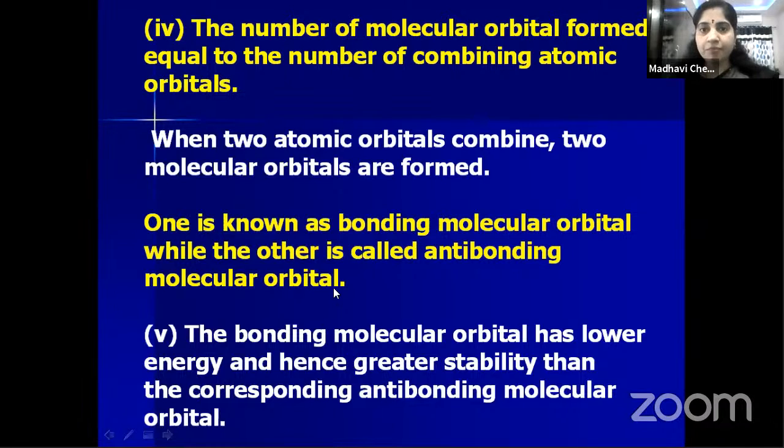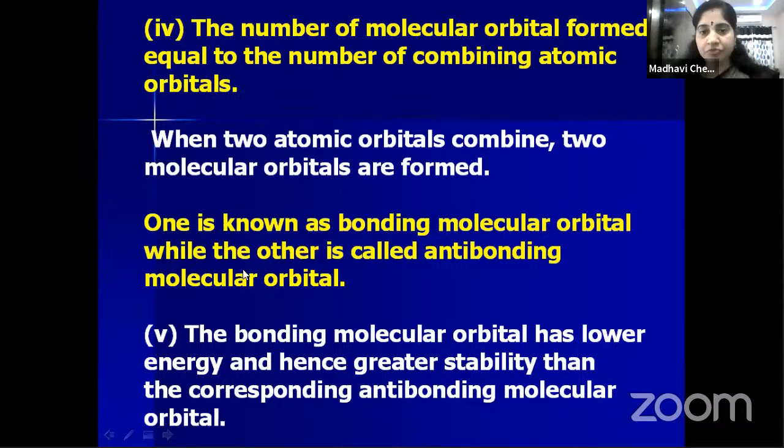Is it clear, children? When two atomic orbitals combine, they give two molecular orbitals. One molecular orbital is called bonding molecular orbital, and the other is called anti-bonding molecular orbital. Bonding molecular orbital has less energy and greater stability than the corresponding anti-bonding molecular orbital.